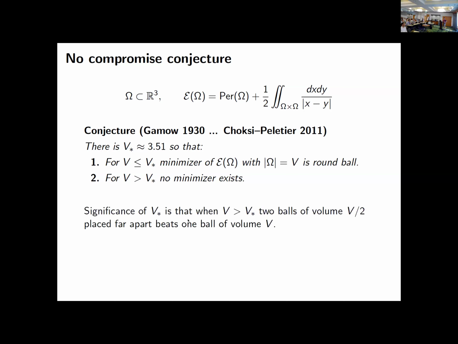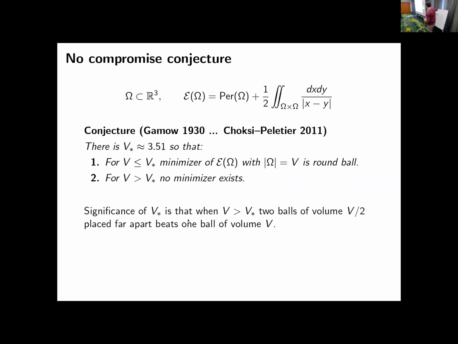Okay. So V star is the number so that if you take two balls of volume V over 2 versus a ball of volume V, and you put them very far apart, then, well, with two balls of half the volume the perimeter goes up, but now you're saving a lot in the Coulomb term, right?